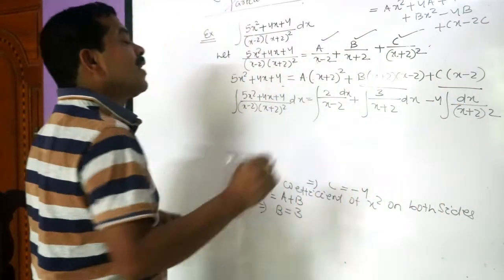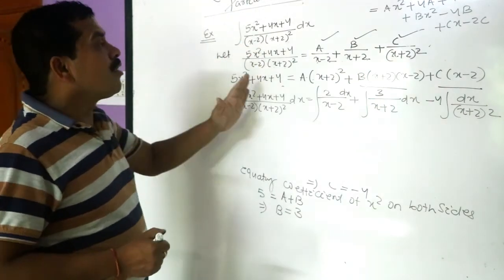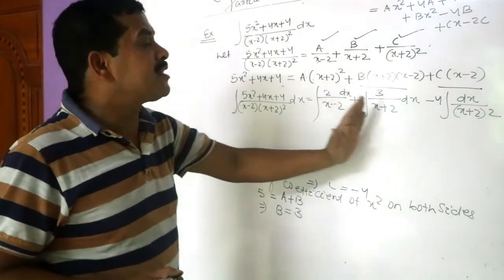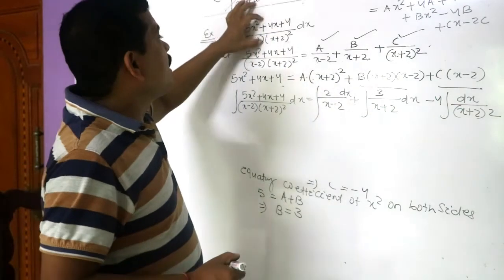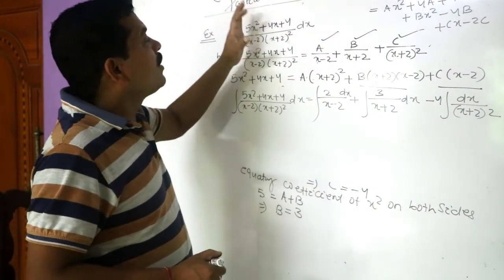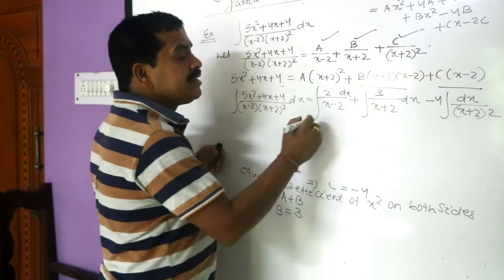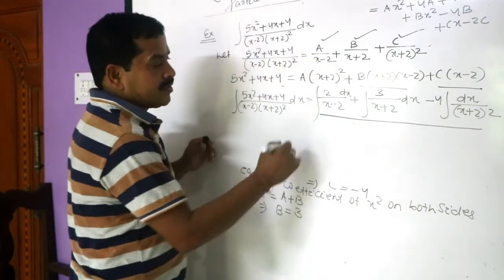That is the partial fraction. That means we have to convert the rational function to partial fractions. It is not easy to integrate this function directly, so we convert this rational function to partial fractions. Now it is easy to integrate.